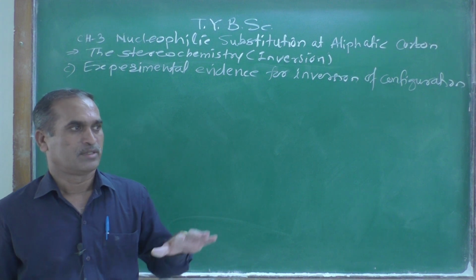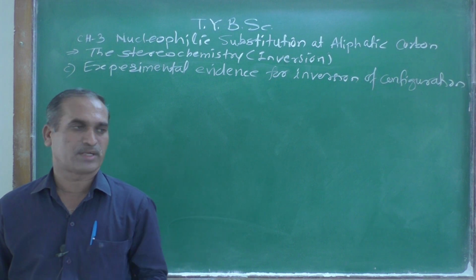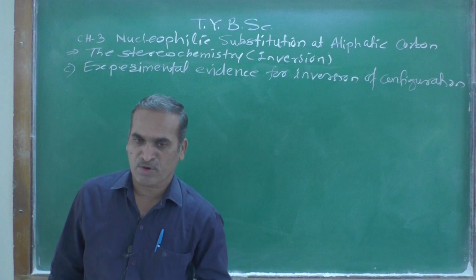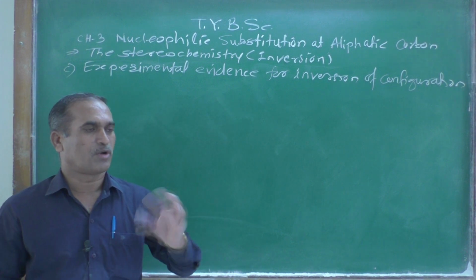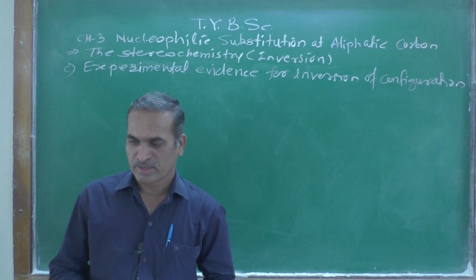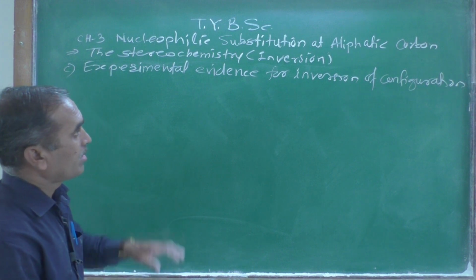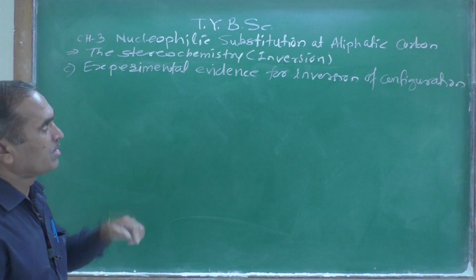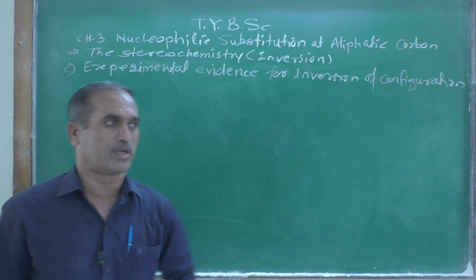But if you look at it, the starting compound is a different one and the product formed is a different one. Therefore, the optical rotation may be different. For now, we are considering experimental evidence. Evidence is nothing but proof for inversion of configuration.